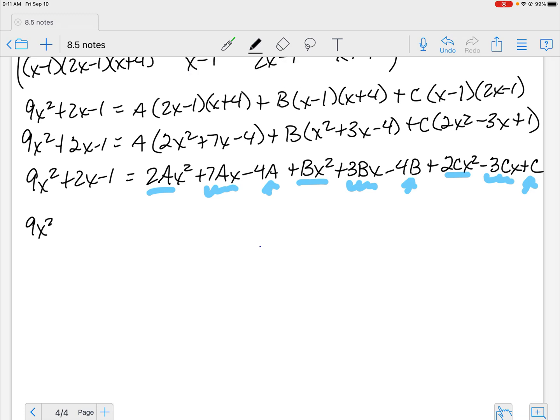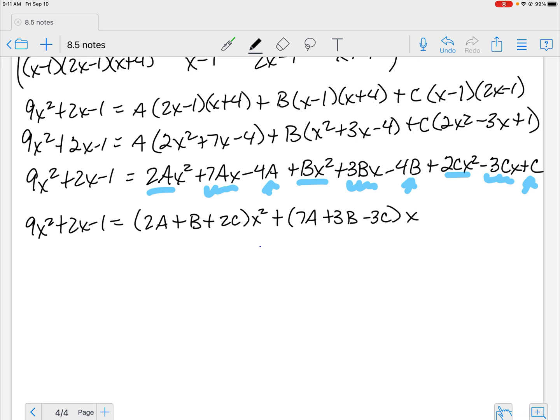So, I've got 9x squared plus 2x minus 1 is equal to 2A plus B plus 2C is my x squared coefficient. 7A plus 3B minus 3C is my x coefficient. And then my constant is negative 4A minus 4B plus C. So when we set up this system of equations, I have 2A plus B plus 2C is equal to 9.